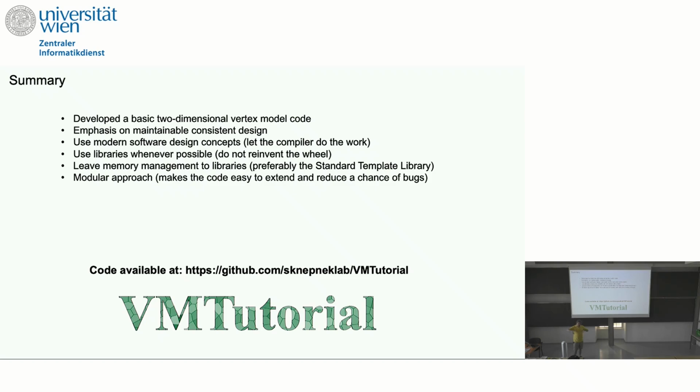Try to separate the nitty-gritty details of the technical computer science implementation from the physics as much as possible, right? Leave things like memory management to people who are paid to do this, right? So things like standard libraries. And as I said, separate things as much as possible because that makes maintenance and debugging much easier.